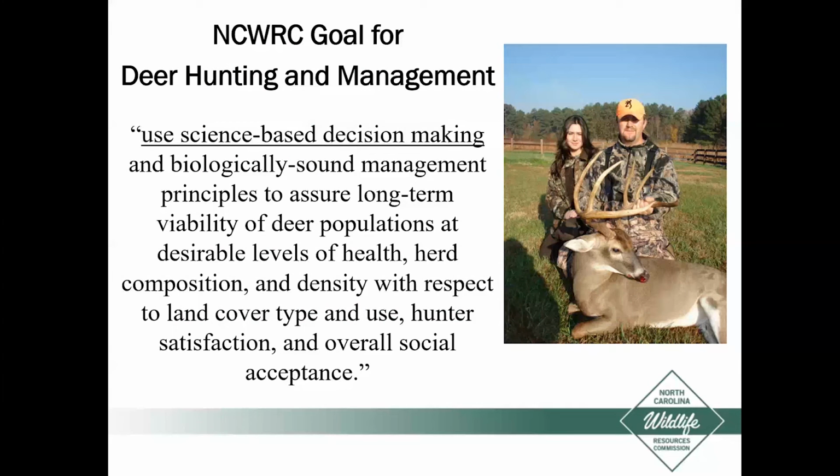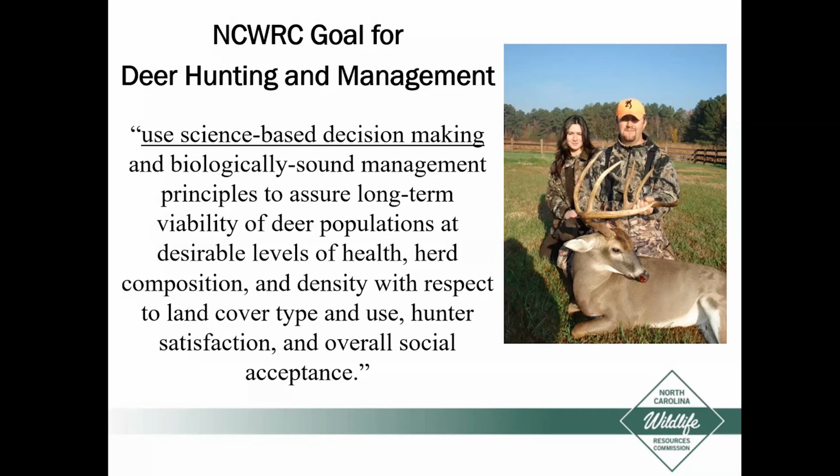I'm not going to read this whole thing, but I want to point out the first part of that is to use science-based decision making. And I think that could mean a lot of different things to different people, but to me, it means that we use principles that we learn from scientific research, either research that's done here in North Carolina or done elsewhere.